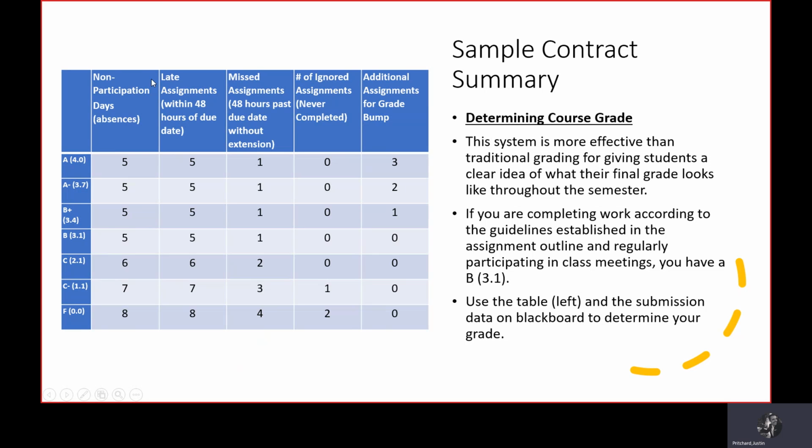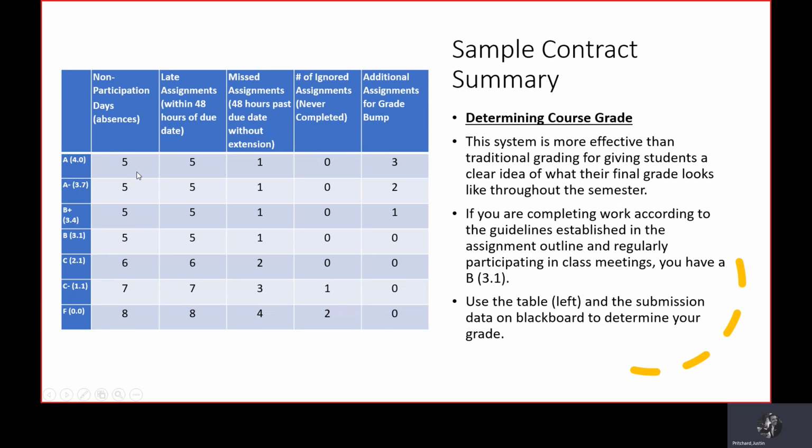I think it's important for students to participate regularly, to turn assignments in on time, to not ignore any of the assignments, right? And that there are additional opportunities to move your grade, right? Those are the things that I'm going to prioritize in my composition classroom.